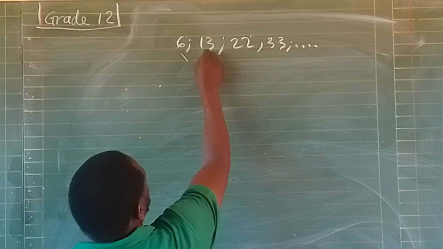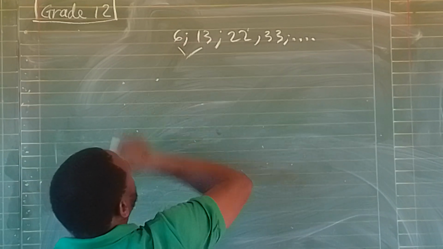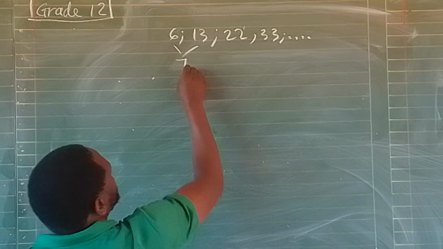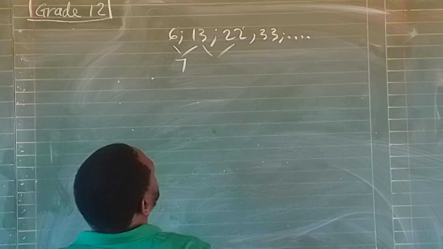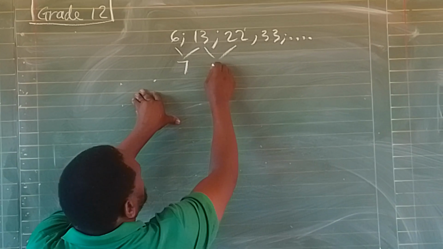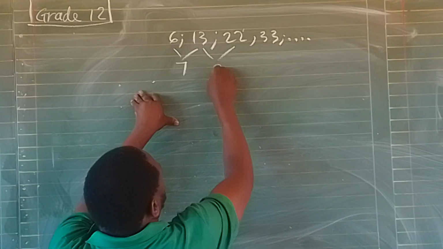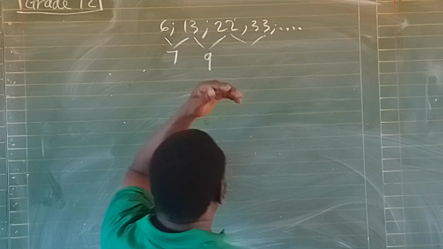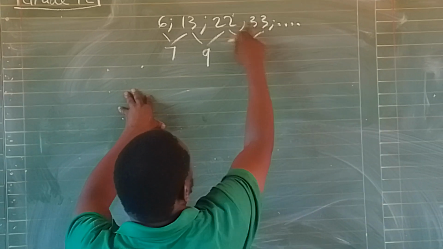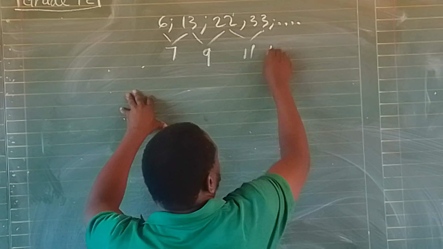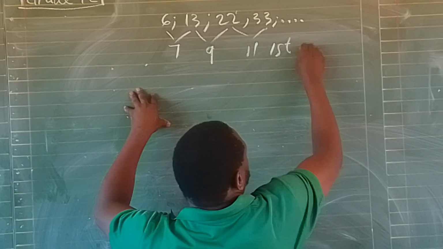Right, the first difference is going to be 13 minus 6, 7, 22 minus 13, it's 9, 33 minus 22, it's 11. This is our first difference.